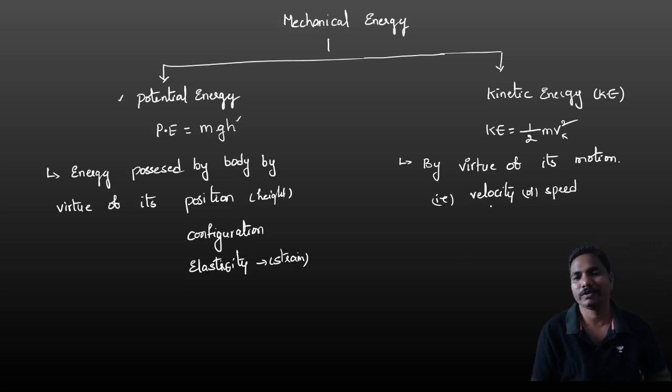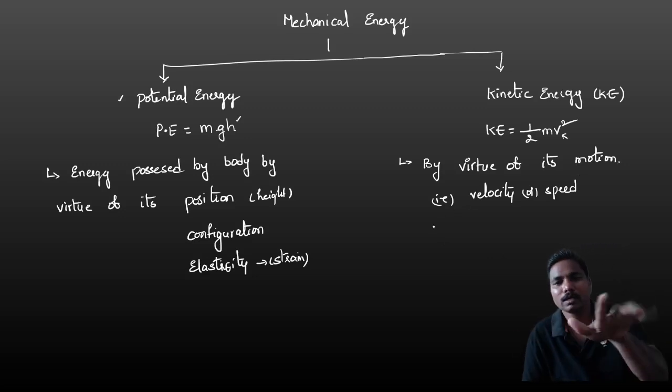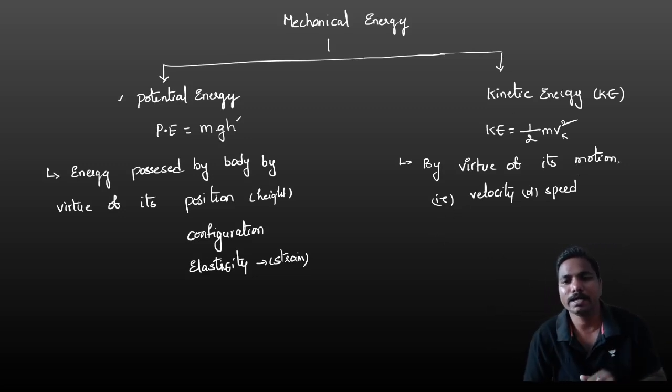There is no difference between velocity and speed, just direction. Velocity depends upon direction, speed does not depend upon the direction. So velocity is a vector quantity, speed is a scalar quantity. By virtue of its motion, we are getting the energy, that is nothing but kinetic energy. That means anything that is moving has kinetic energy.